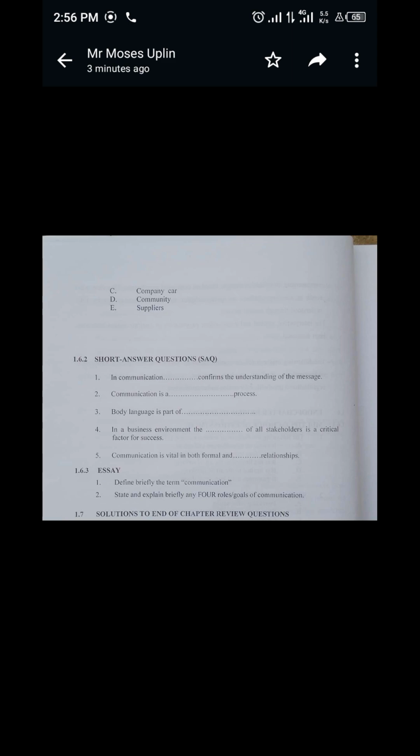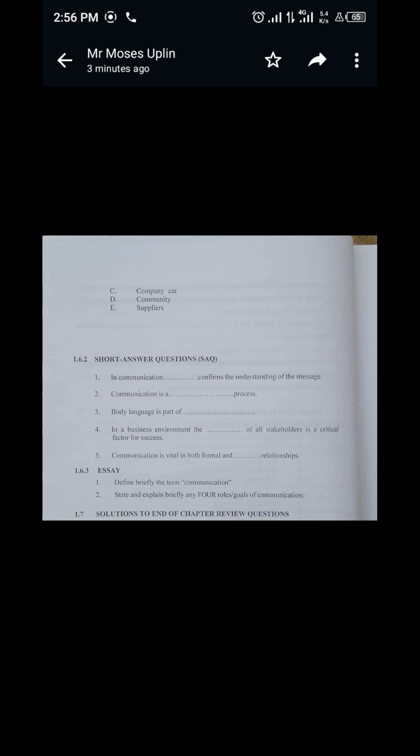Community, suppliers. Okay. So can I answer? Company car. Yeah.